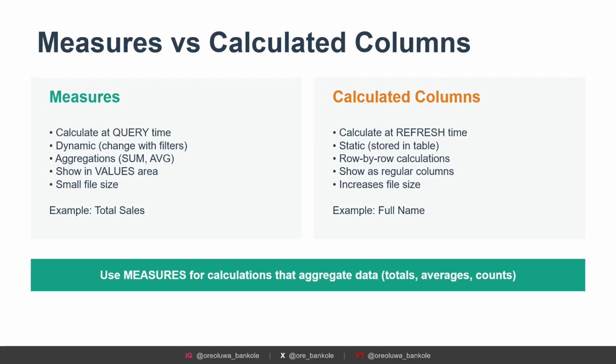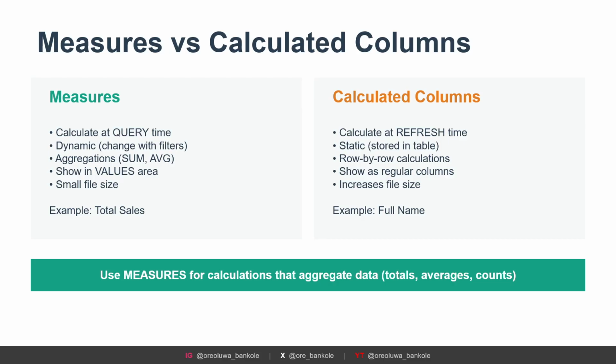So it is static, it is stored in the table, and we have a row by row calculation. In fact, it will show on your table as a regular column, and no matter how big your database is, it will increase its size.